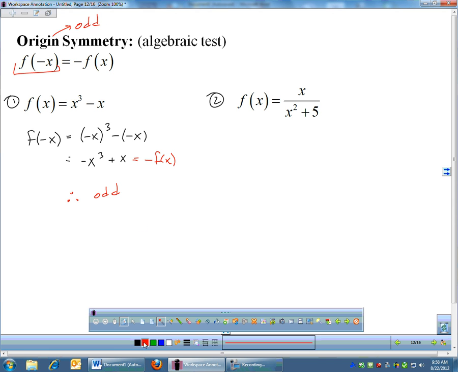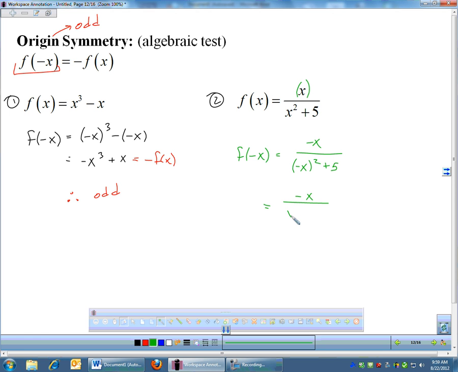Okay. Let's test this one. I'll plug in negative x. I'll take out that x and plug in negative x, take out this x and plug in negative x, and we clean that up. My top, I can't really do anything to that. It's just negative x over the bottom, x squared plus 5. If you notice, my top changed, but my bottom remained the same.